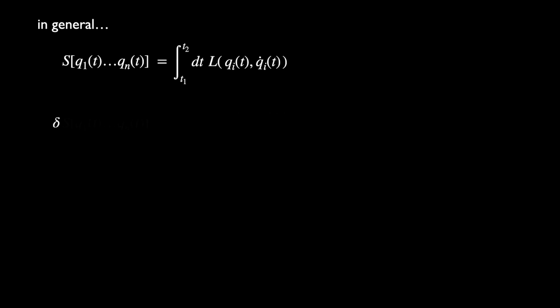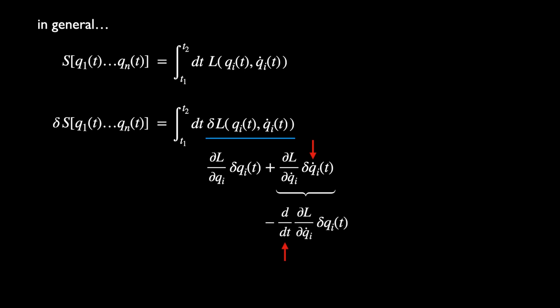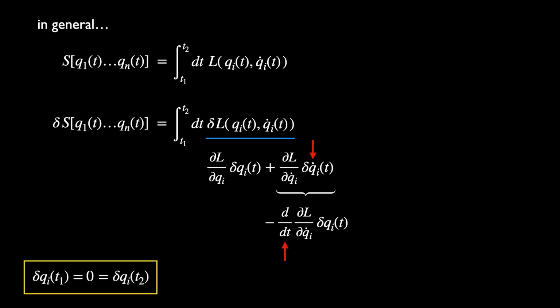Now let's vary the action with respect to q. The variation of L is the result of the variation of q and q dot. As before, we can shift the time derivative on delta q in the second term to the rest of the product, incurring a minus sign, due to the requirement that the boundary conditions are preserved.